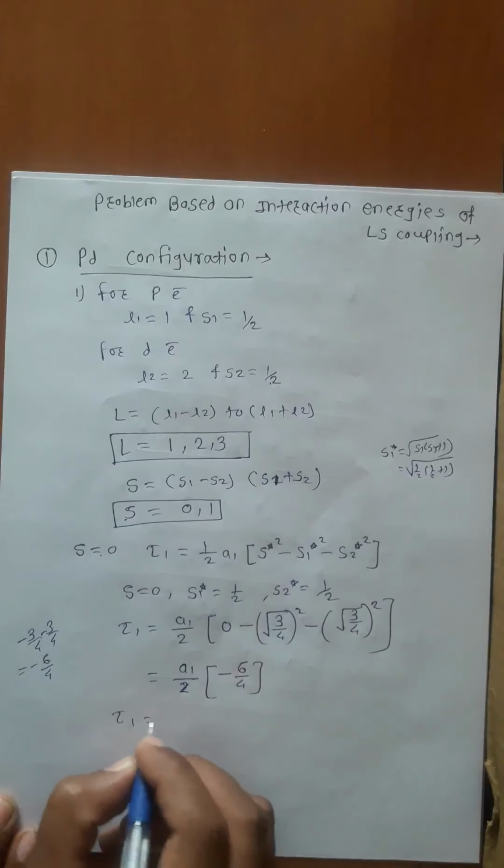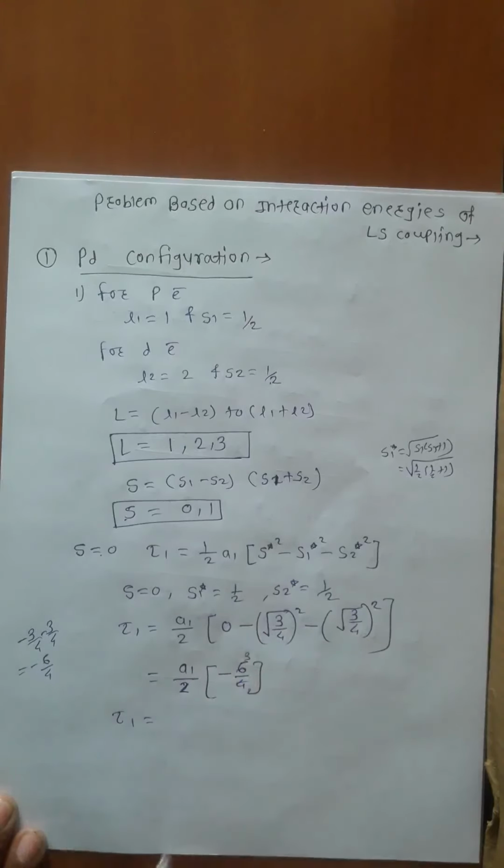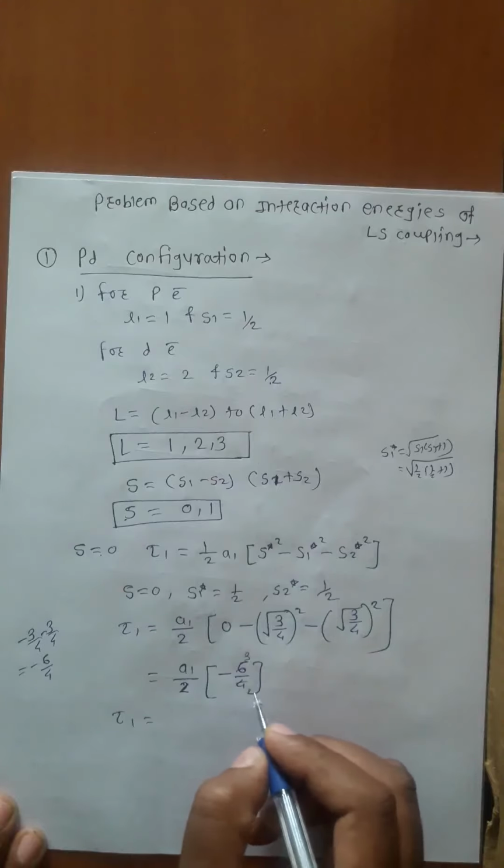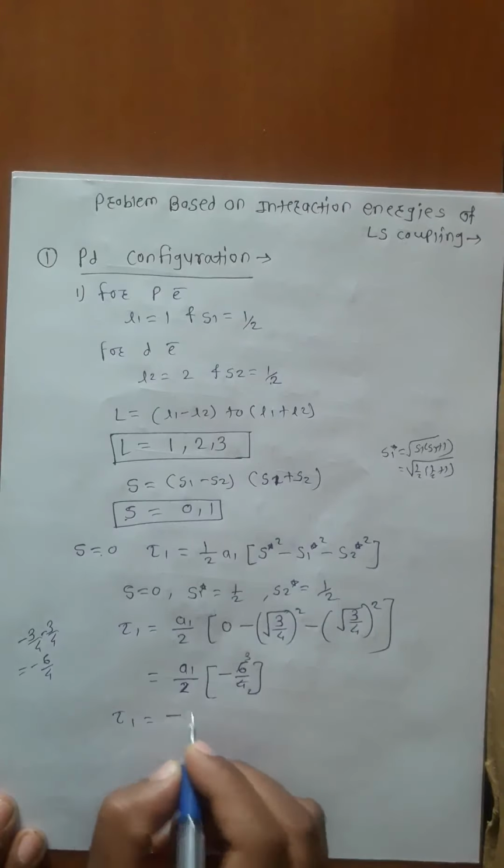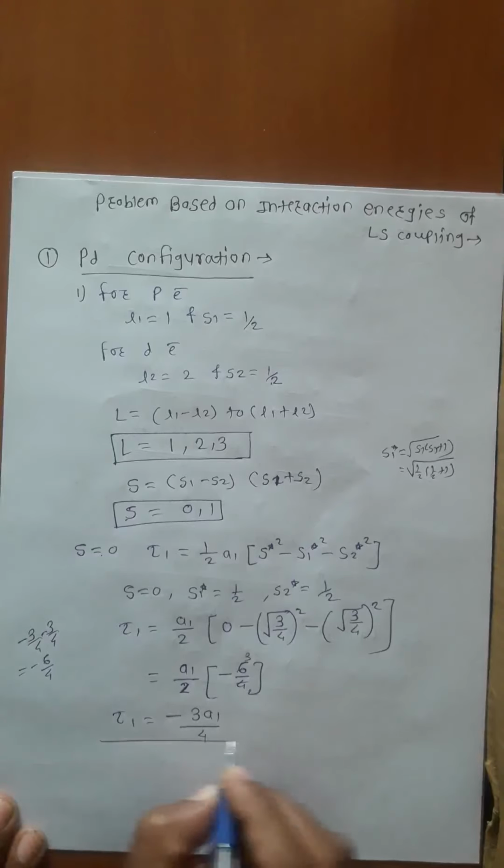Therefore tau 1 is equal to, 2 multiplied by 3 over 2 times 2, which is 4, minus 3 A1 divided by 4.